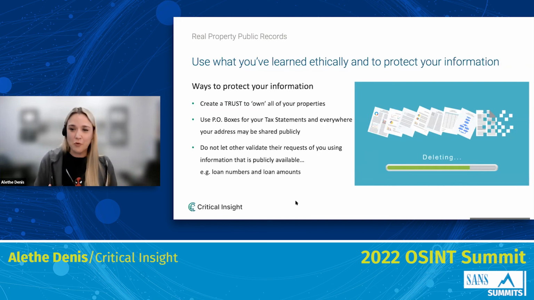Don't let them build rapport or legitimacy with you by using things like your loan number, the title company or the bank that you do business with, or the escrow or title number that was on your most recent file or the recording of your documents. All of those things are open, accessible, and readily available to people if they know how to look for them.